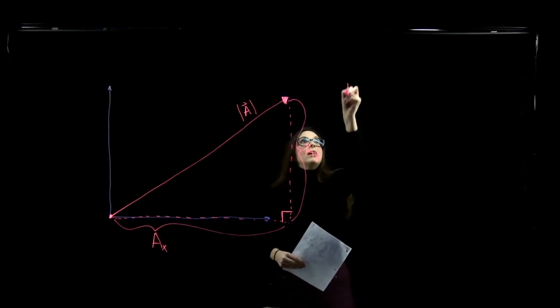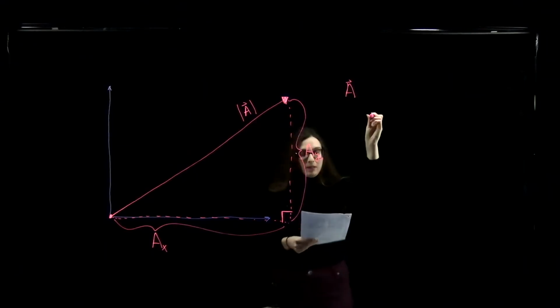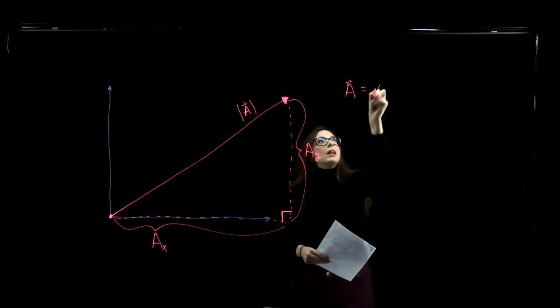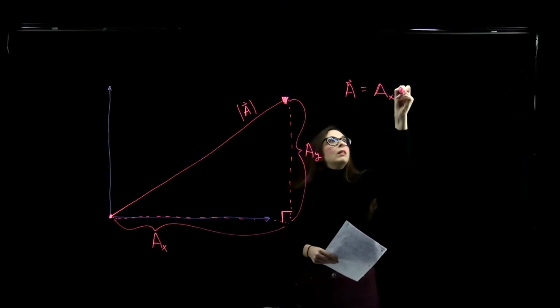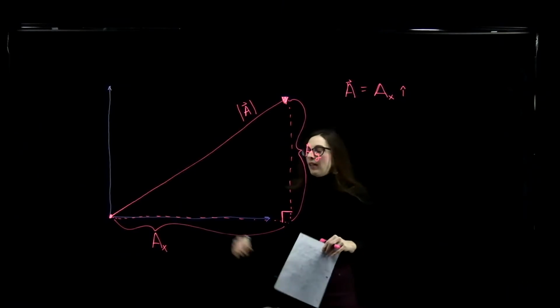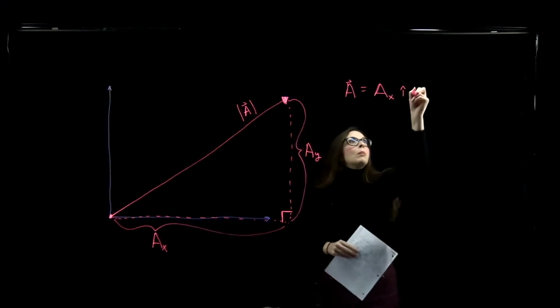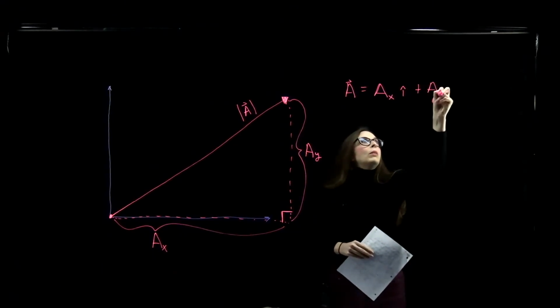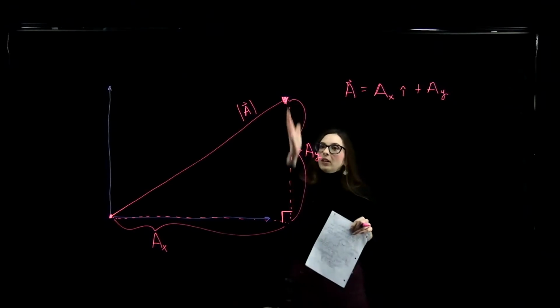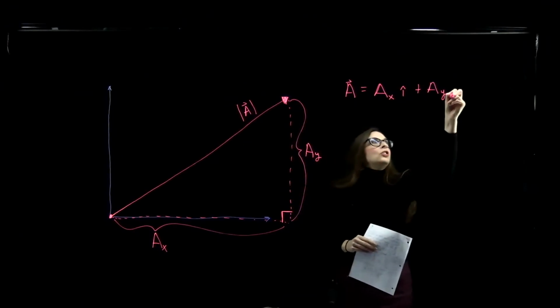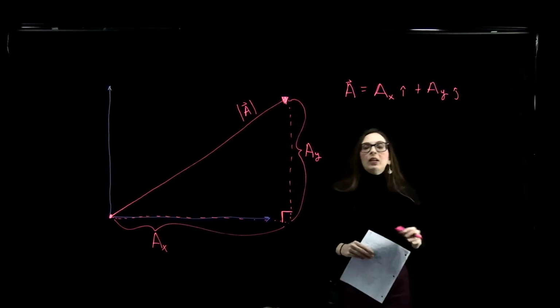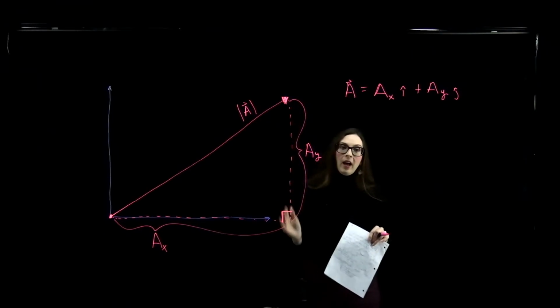We could say that our vector A is equal to the x component of the vector in the i hat direction, which is along the x axis, plus the y component of the vector, which is along the j hat unit vector, or that means the y axis.